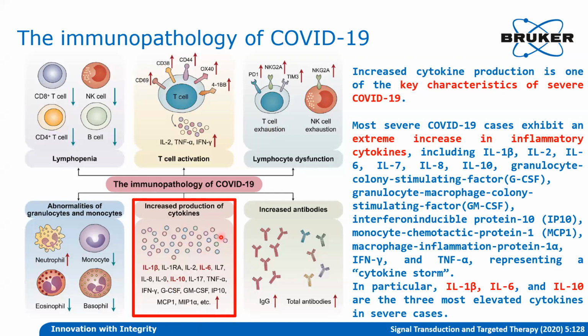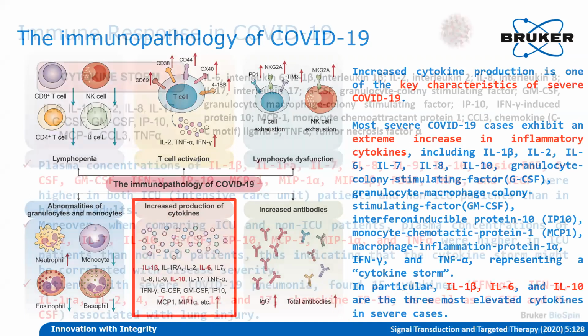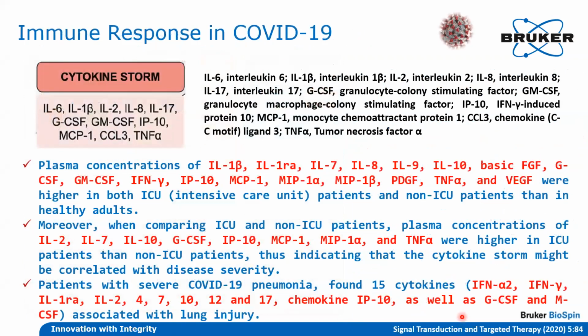This is the overall cytokines from this particular review paper. Similarly, another review paper also talks about the cytokine storm that appears in the severely affected patients admitted to the ICU.